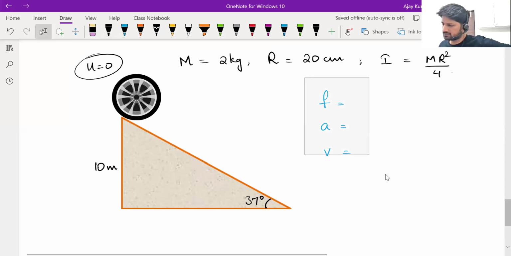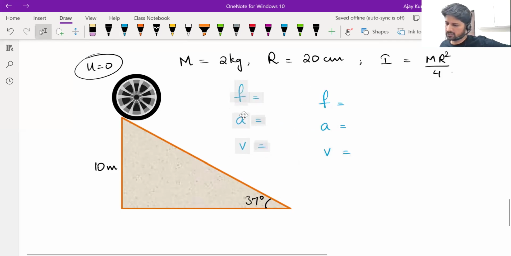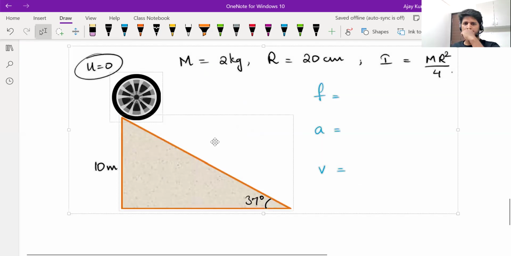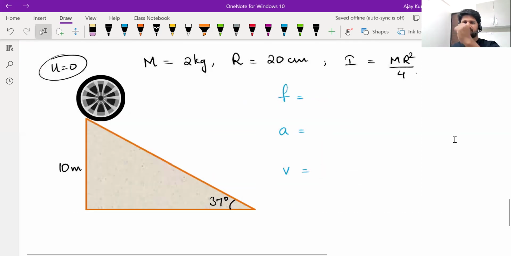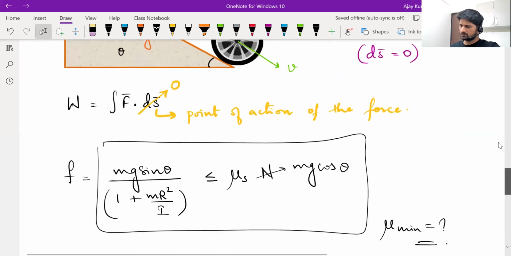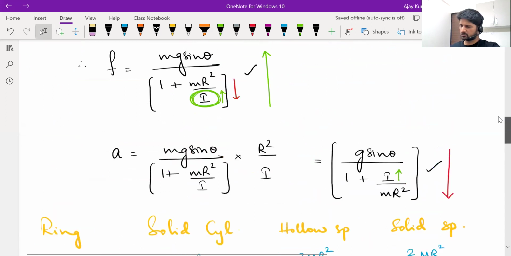Calculate these three values. If the object undergoes pure rolling, how much is the friction acting on it? How much is the acceleration with which it rolls? What is the final velocity with which it reaches the bottom of the incline? If you have not noted them, note down the formulas for friction and acceleration.